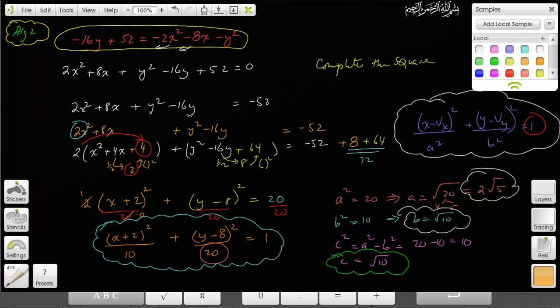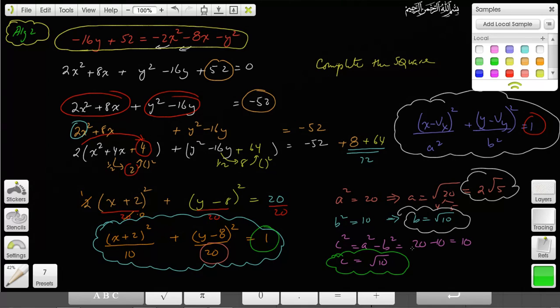And the way we did that is we got all the x's and y's together. And when we took the constant terms to the other side, and then we completed the square for the x's and we completed the square for the y's. Okay, and as a final step, we made sure that this was 1.